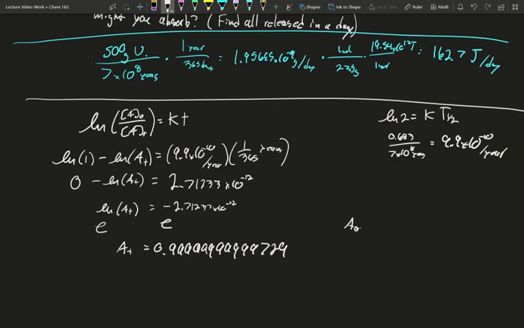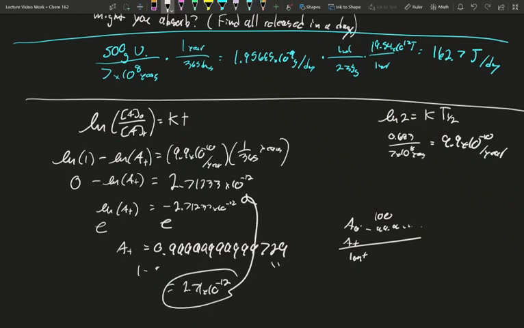Well, the initial 100% minus the amount at time. Whatever's left is the lost, the amount that decayed. In our case, just 1 minus this. So 1 minus that comes out to roughly 2.71 times 10 to the minus 12, which, okay, that kind of makes sense.